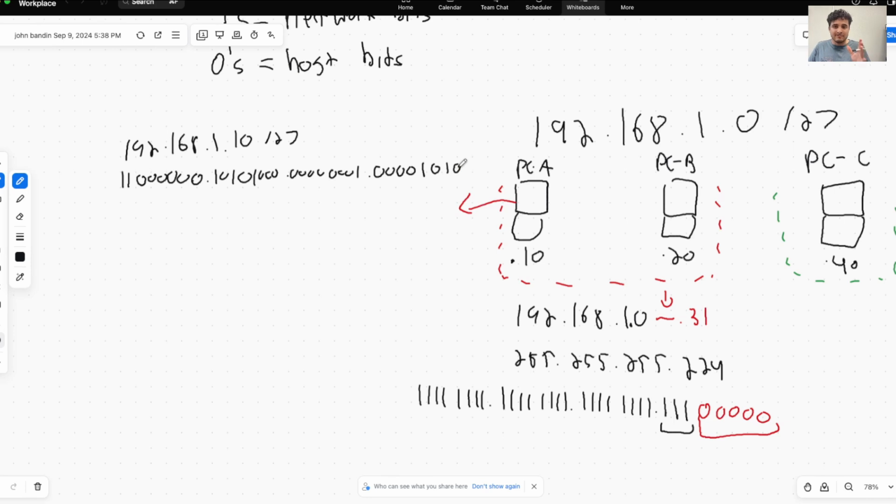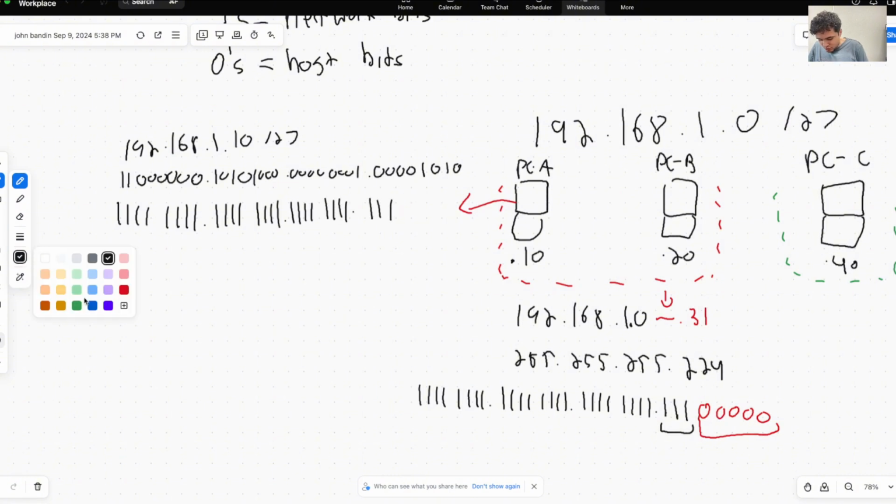All right, cool. And if we line up our subnet mask in binary, /27 means what? 27 network bits in our subnet mask. 1, 2, 3. And then the rest are host bits. And let's make that line. That's how the computer knows its network. So it says, I need to be talking within this range here.